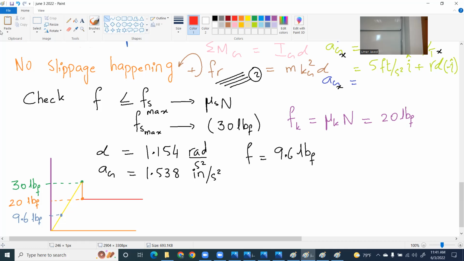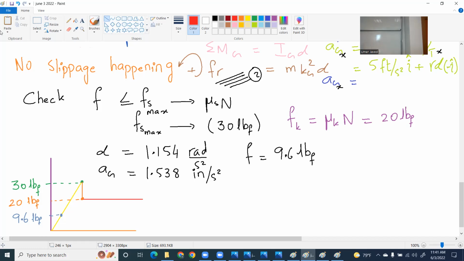No, hang on. We are now confusing three different things. Slippage is different. Slippage means that the contact point will have a different velocity than the surface. It is still moving. There is no slippage, but it is still moving. So, for example, if I have this pen, just because it is rolling doesn't mean it is slipping.